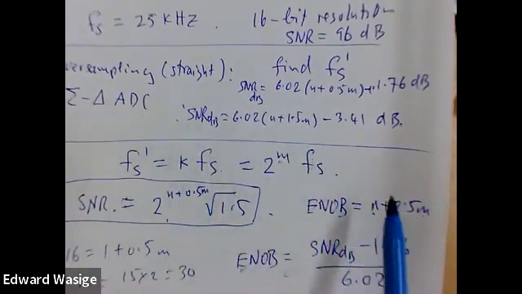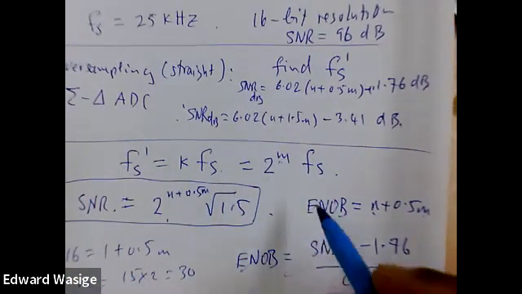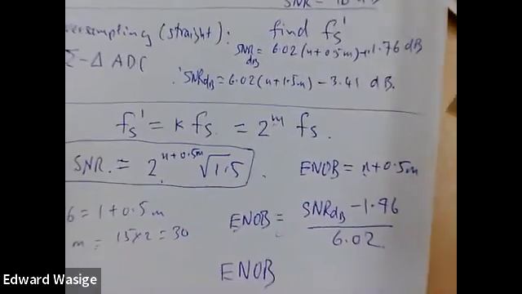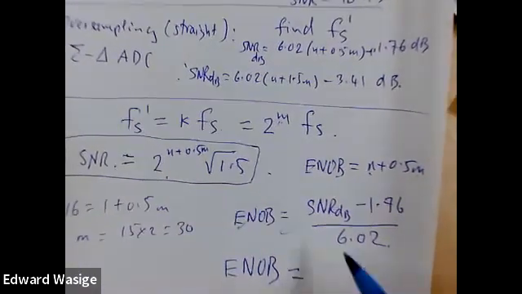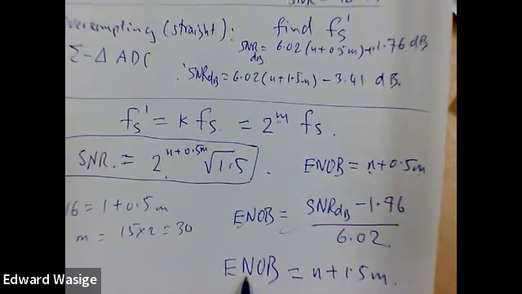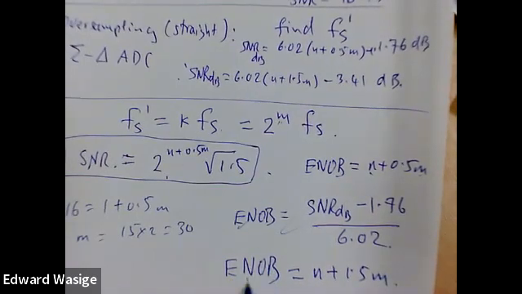For the sigma delta, we use exactly a similar expression. Those were two ways of doing it. For the sigma delta, the effective number of bits is n plus 1.5 m. So that is 16, and this one is 1.